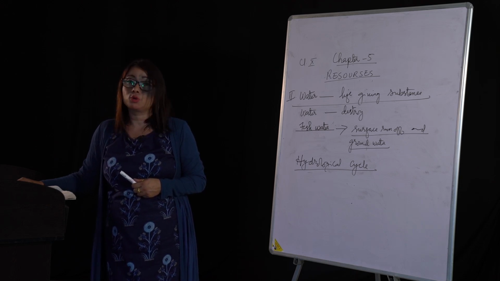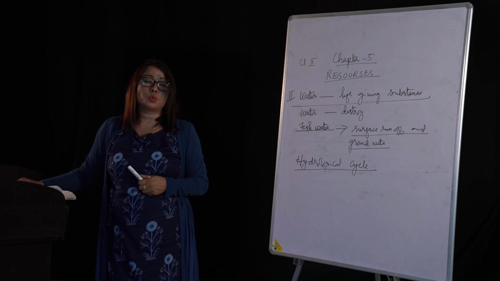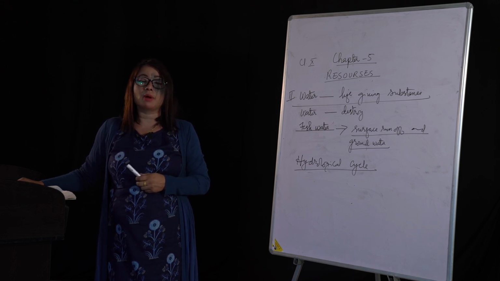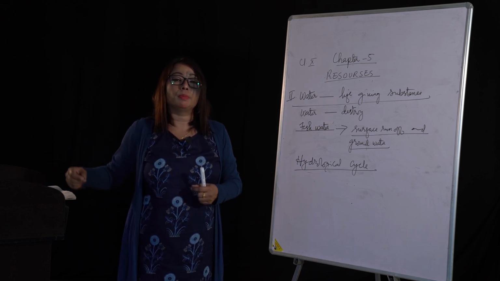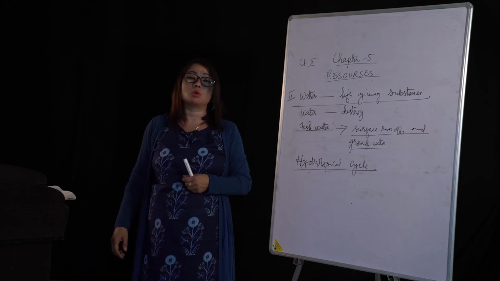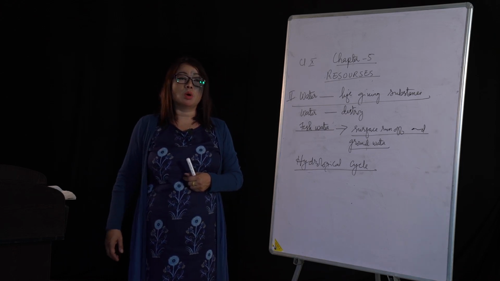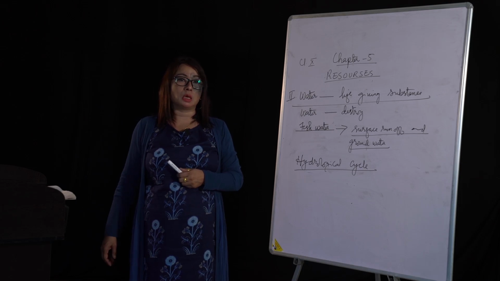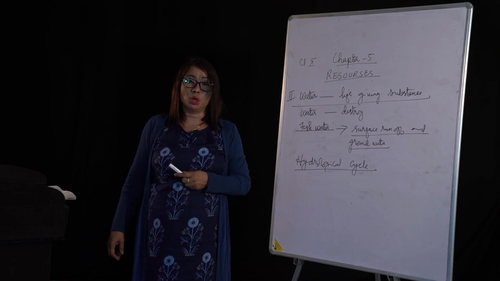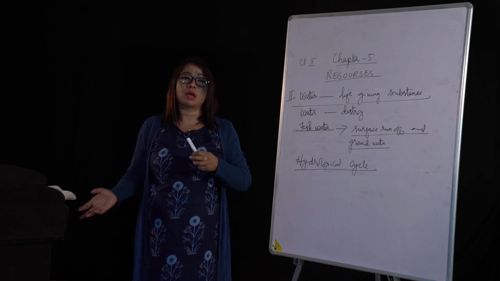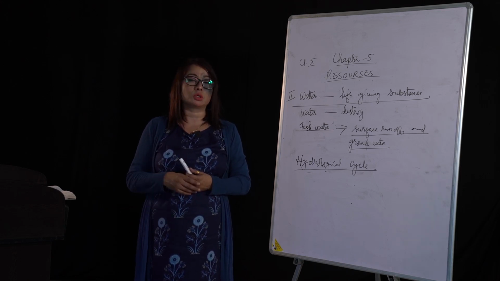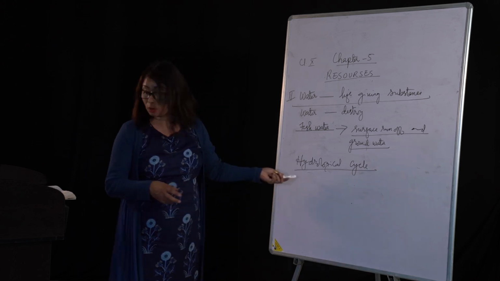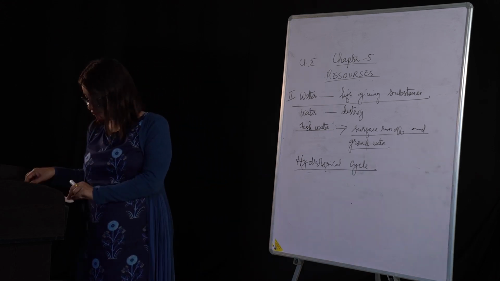This water vapor goes up, mixes with tiny dust particles high above in the atmosphere. On cooling, it becomes tiny drops. These tiny drops, on further cooling, become bigger in size and come down as rainfall. On further cooling and freezing, it comes down as snow, and this water is again carried by rivers to the sea. So this cycle of water is known as the hydrological cycle.